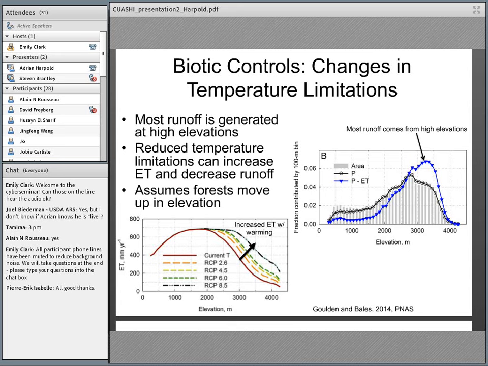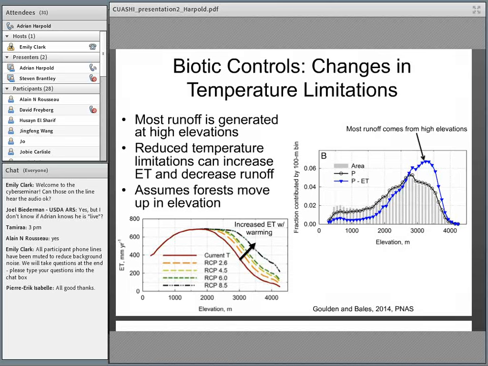So if you start to warm these areas, and you start to reduce some of those temperature limitations on evapotranspiration, their expectation with their simple model was that you start to increase ET. So that's what this bottom left-hand panel is showing, that under these different warming scenarios, ET is strongly increased at these high elevations.